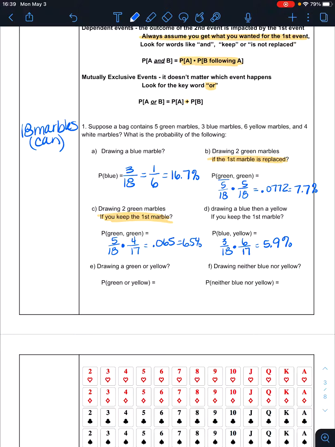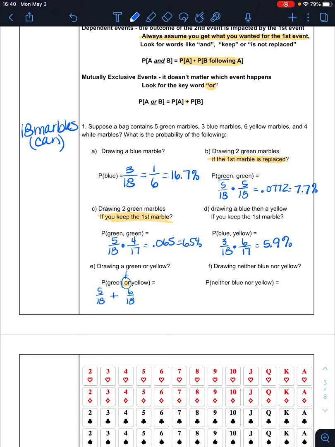Okay, what's the probability of drawing a green or a yellow? Now this is that or. Before it was this and that. Now this is or. There are 2 ways you can think of this. I can say, okay, what's the probability of drawing a green? Well, the probability of drawing a green was 5 out of 18, and the probability of drawing a yellow was 6 out of 18. With an or, you add. So you would add those together.